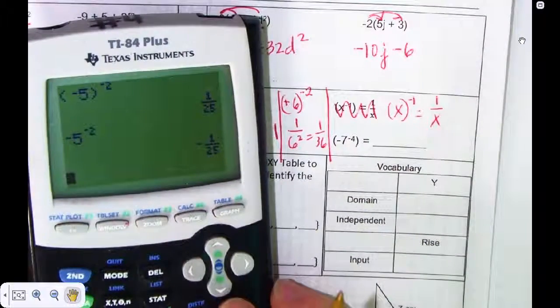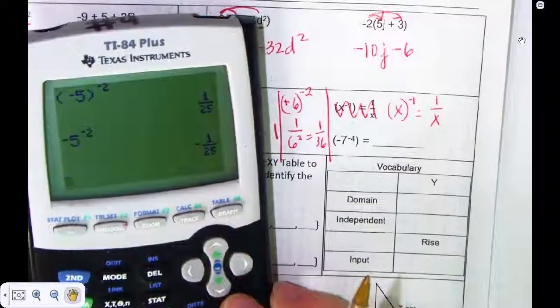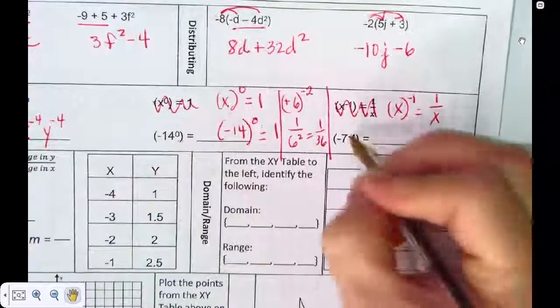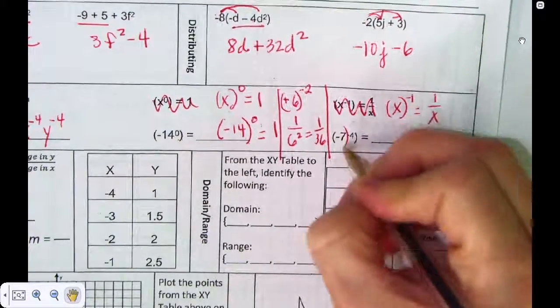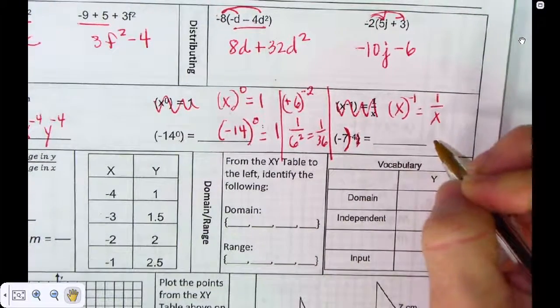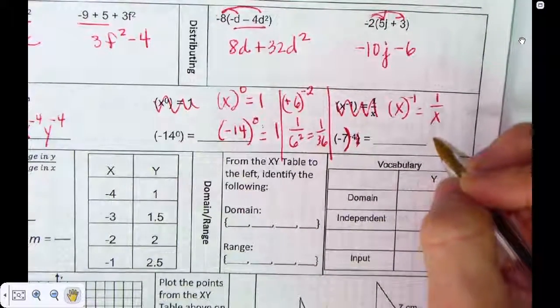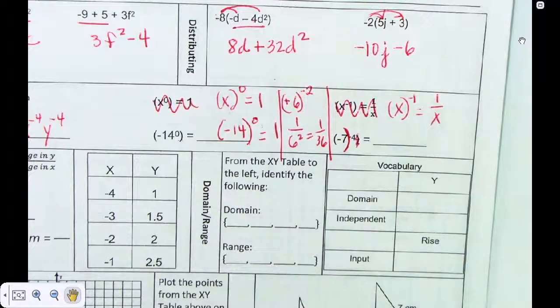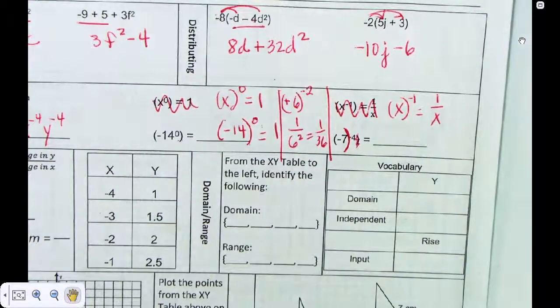So, because we know that right there, what do we know this is going to be? Oh, and this should be in parentheses right there. Move the parentheses beside the -7. So what do you think this is going to be? Well, go put it in your calculator. See what you get. Yeah, it's going to be positive. Why is it positive?